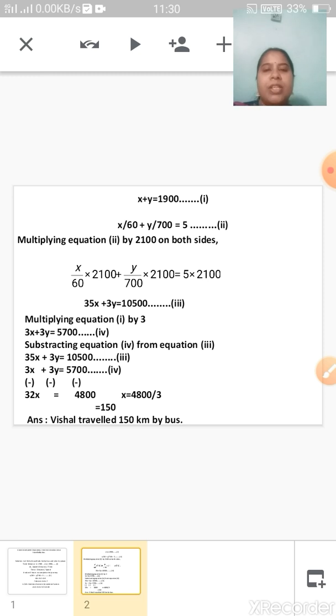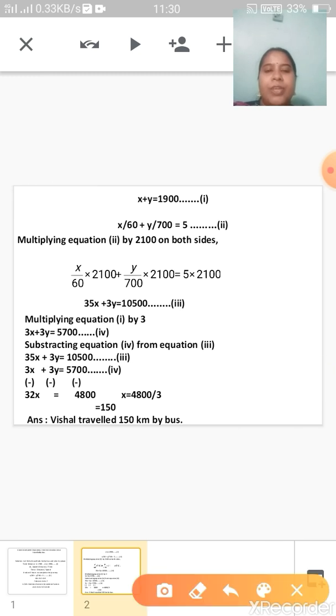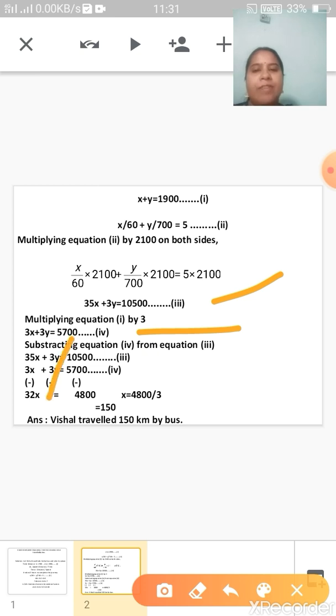What we get is this equation: 3x plus 3y is equal to 5700. Now this equation and equation number 3 are to be subtracted. And while subtracting, I hope you know we have to change the sign of one of the equations. So changing the sign, what will happen? This 3y and minus 3y will get cancelled.